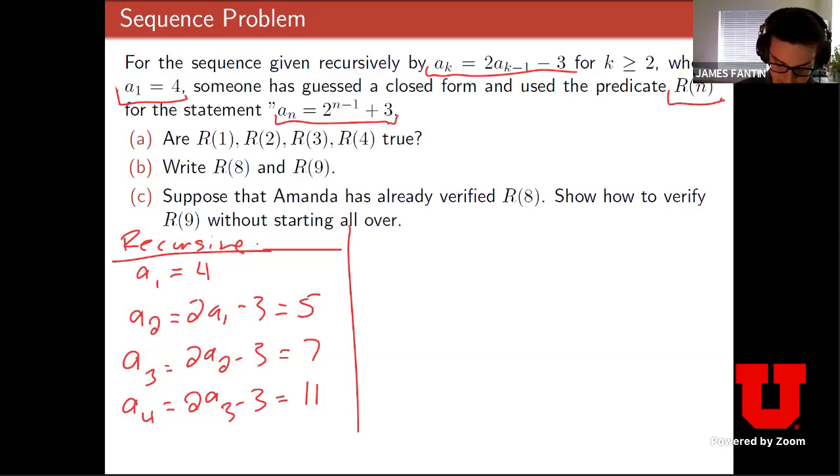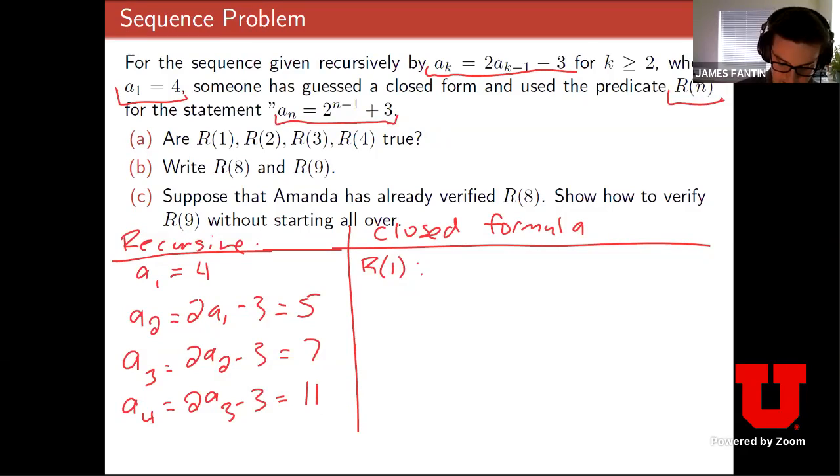And then if we use the closed formula for R_n, we've got a1 equal to 2 to the 1 minus 1 plus 3, which is 5. a2 is 2 to the 2 minus 1 plus 3, which is 7.